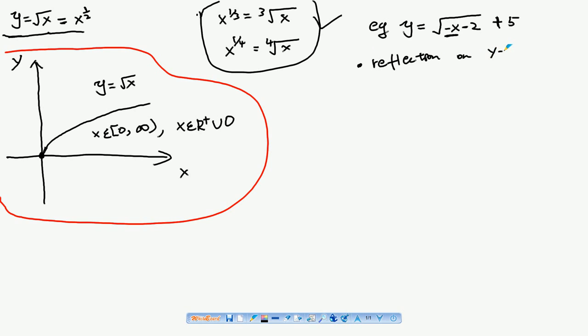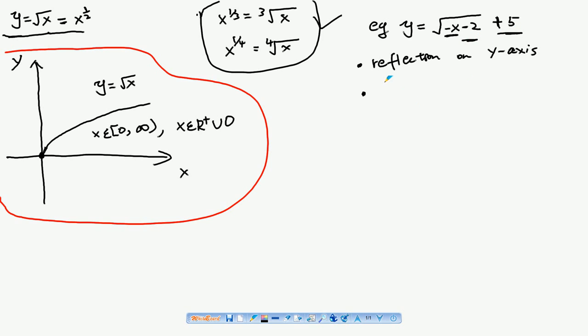We did this in the chapter on transformation. If you're not sure about it, please go back to the transformation videos. After reflection, I can say there's no dilation, and the next step after dilation is translation. So I can say there are two translations here.